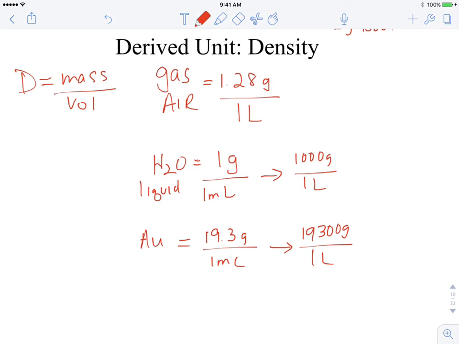So if I were to give you a piece of solid gold, and ask how much this 1 liter of gold would weigh, it would weigh 19,300 grams. That's a lot. If we were to change that into pounds, you would divide that by about 500. So if you divide it by around 500, you would get the number of pounds that is.